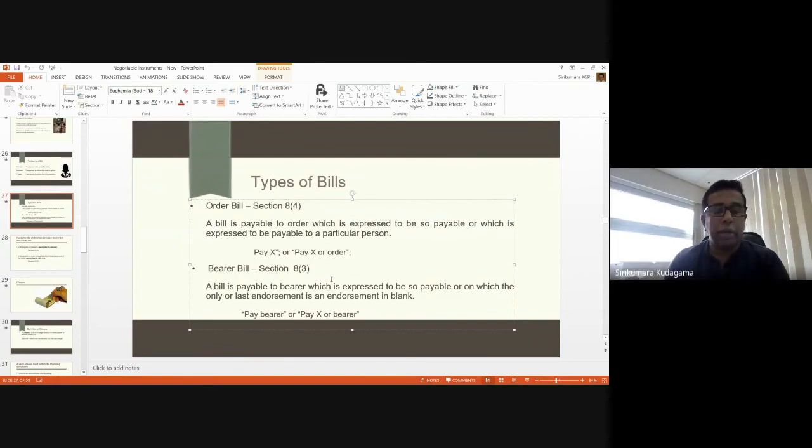And also, if your bill says pay to a specified particular person, that again is an order bill, right? So there are two circumstances where a bill is an order bill. Those are given here.